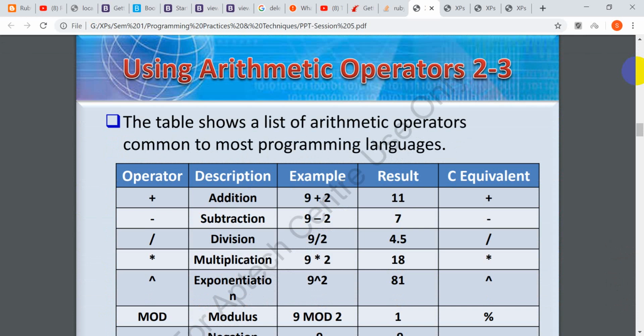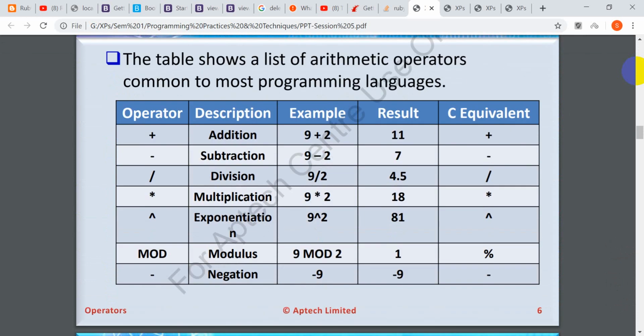The table shows a list of arithmetic operators common to most programming languages. I believe this table is familiar, right? Plus, minus, you have known this right from primary one, so it's not a big deal.